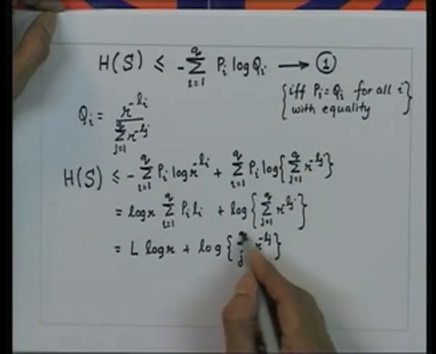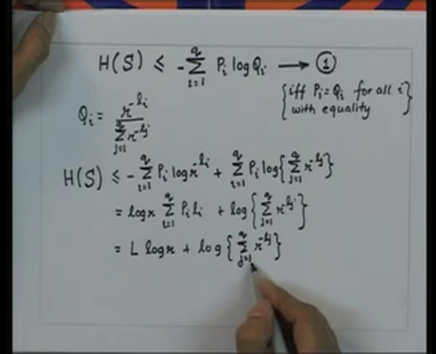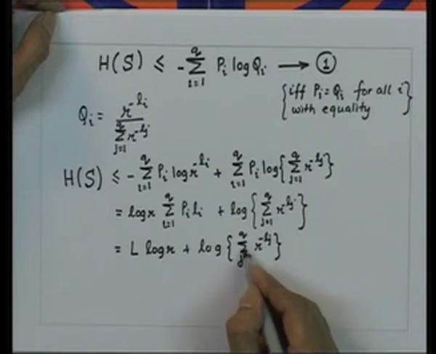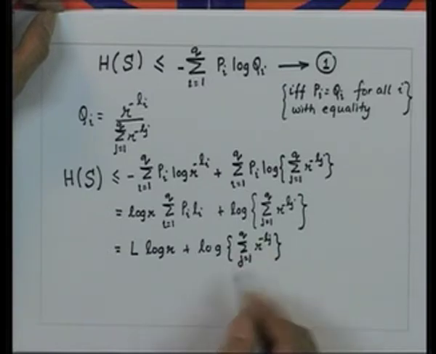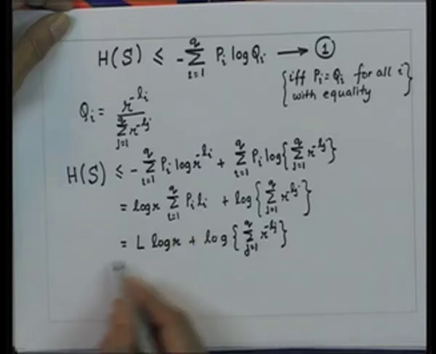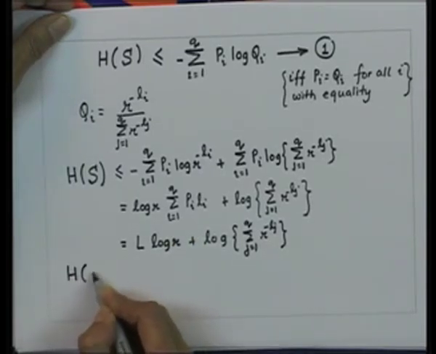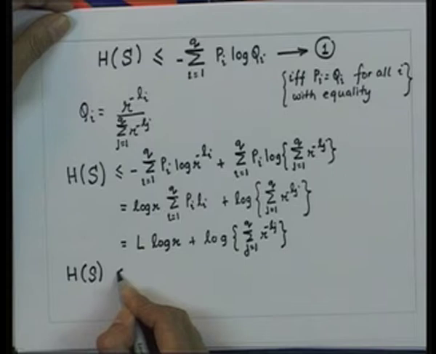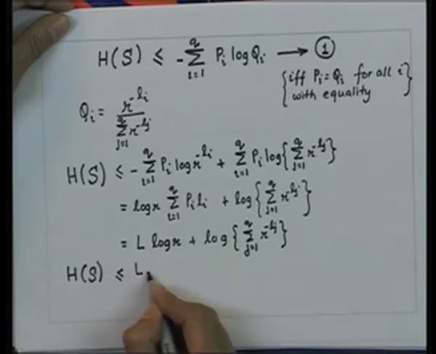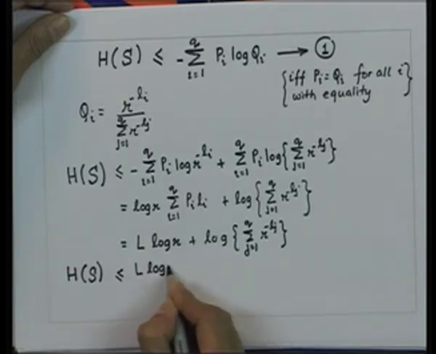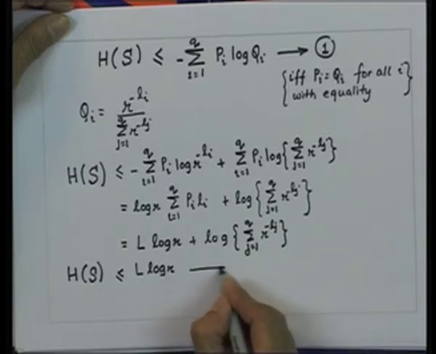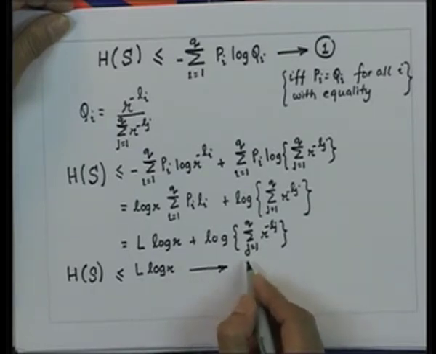If this quantity is less than or equal to 1, then the logarithm of a quantity less than or equal to 1 will always be less than or equal to 0, and in that case we can write this as H(S) is less than or equal to L log r.